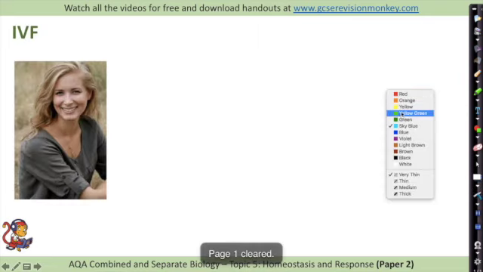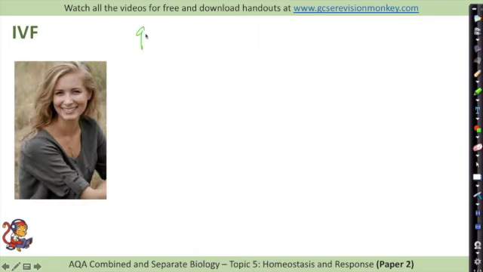IVF is a way of increasing your fertility, and it is quite an intensive process and an expensive process, but it increases a chance of them getting pregnant. So what would happen first of all is the woman would inject herself with FSH and LH, remembering these are the two hormones involved in FSH maturing the egg and LH releasing the egg.